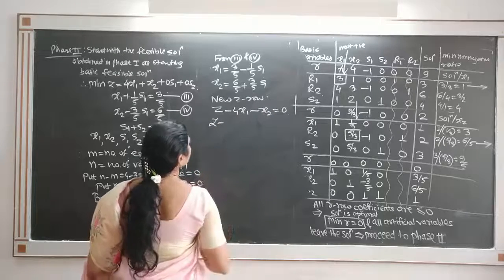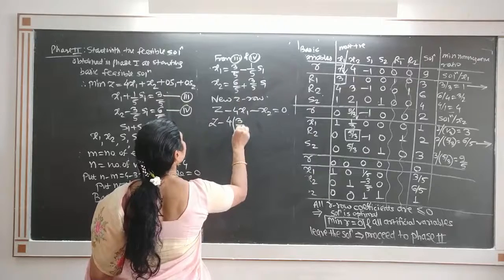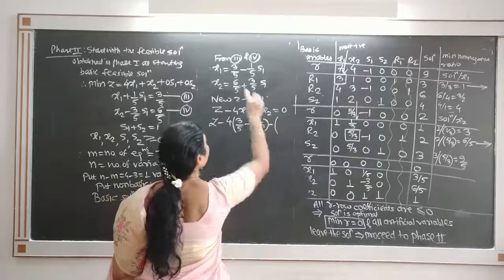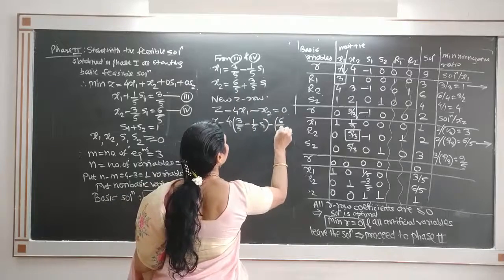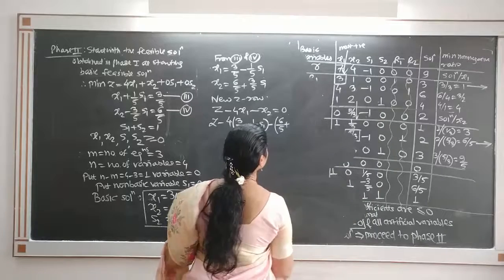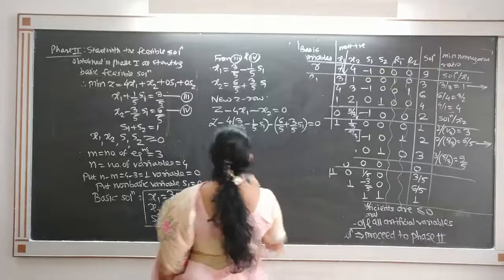Put the values. So Z minus 4 times the value of x1, which is 3 by 5 minus 1 by 5 S1, minus the value of x2, which is 6 by 5 plus 3 by 5 S1, equal to 0. Simplify it.